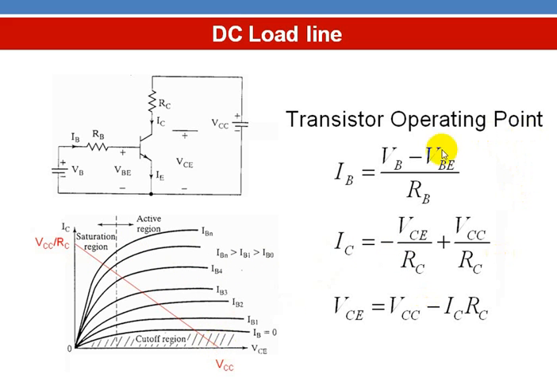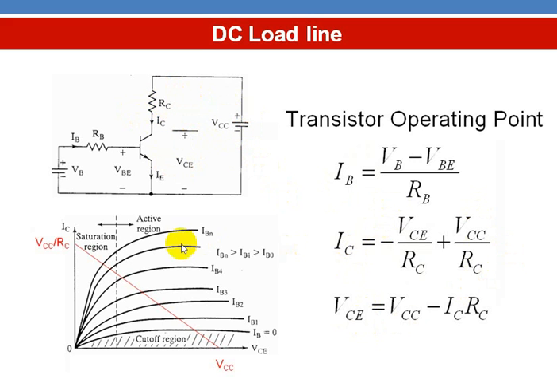The base current equation is VBB minus VBE divided by RB. And IC we can write as VCC minus VCE divided by RC, that is, minus VCE by RC plus VCC by RC. So VCE can be written as VCC minus IC into RC.